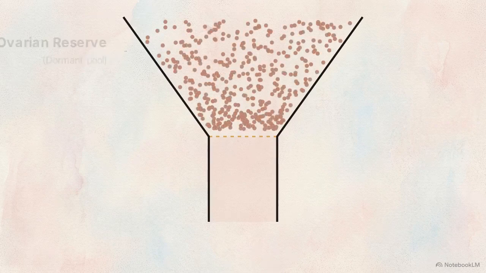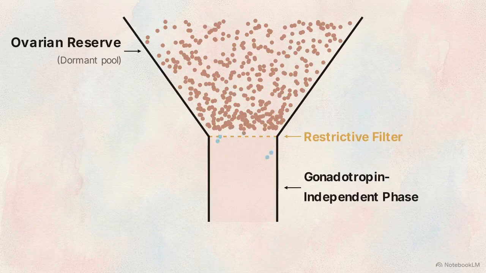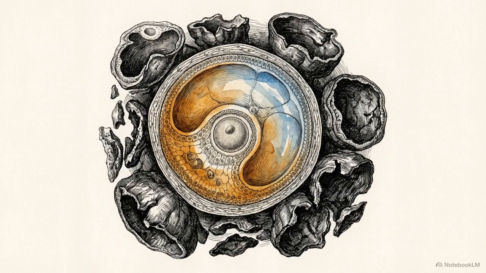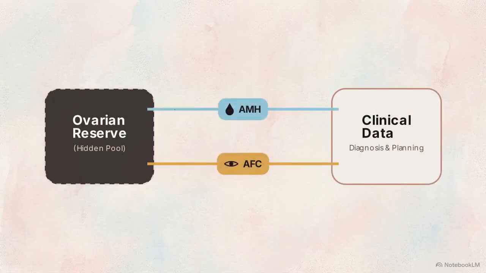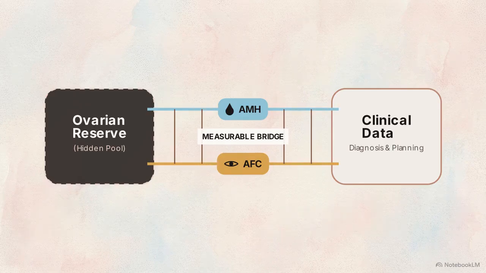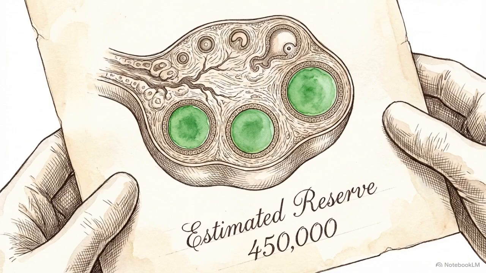Folliculogenesis acts as a highly restrictive biological filter. It manages a finite primordial reserve through a slow, gonadotropin-independent waiting period, followed by a fierce gonadotropin-dependent selection phase. AMH and the antral follicle count operate as the measurable bridge across this system. They allow clinicians to infer the size of the hidden primordial pool by observing the active intermediate stages.